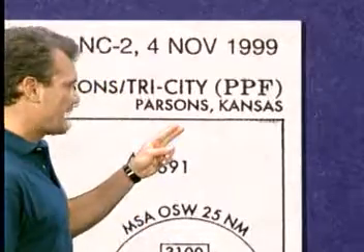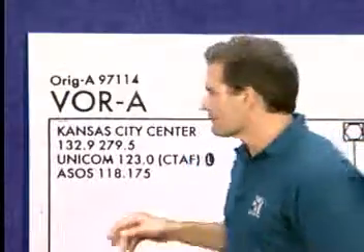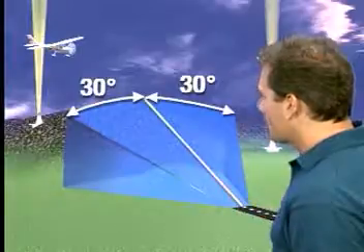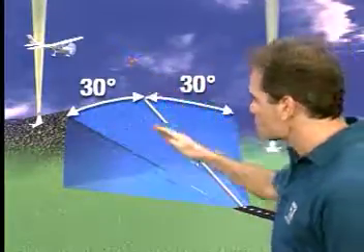Now let's take a look at this approach at Parsons, Kansas. Its name is VOR Alpha. If you look at an approach name and see a letter instead of a runway number, it means the approach doesn't meet the criteria for a straight-in landing to a runway. Either the final approach course is not aligned within 30 degrees of the runway, or within 15 degrees for a GPS approach, or the descent angle is too steep for a normal approach for landing.